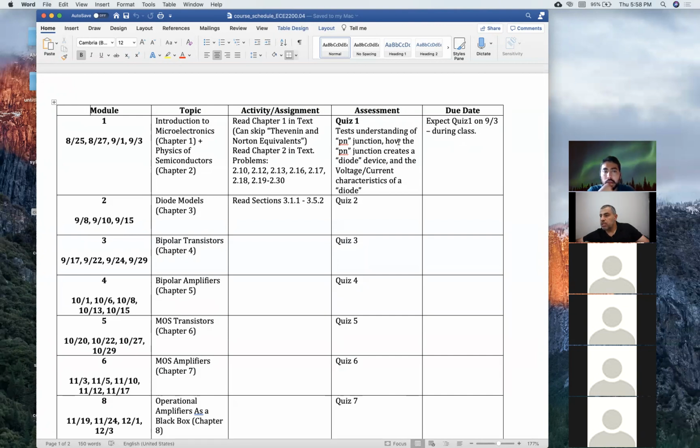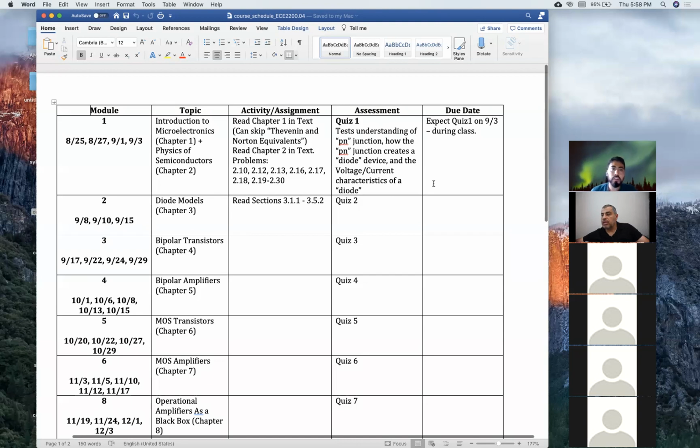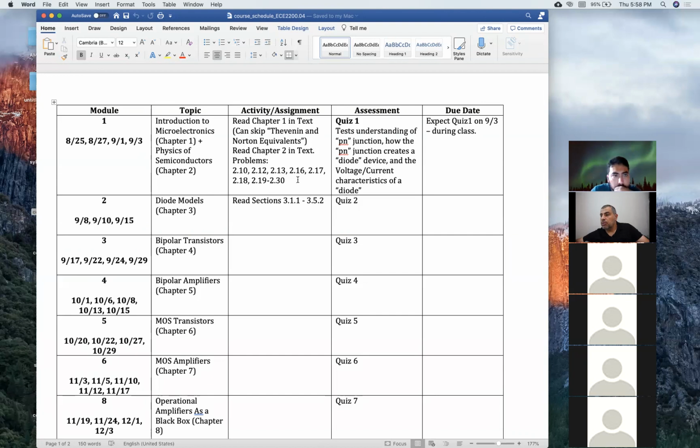By that time, we would have looked a little bit at semiconductor physics and PN junctions, and how the PN junctions create a diode. And then I have a list of problems here. In the reading, I'm going to try not to make you read everything, like here I have skip Thevenin and Norton equivalents in chapter 1.